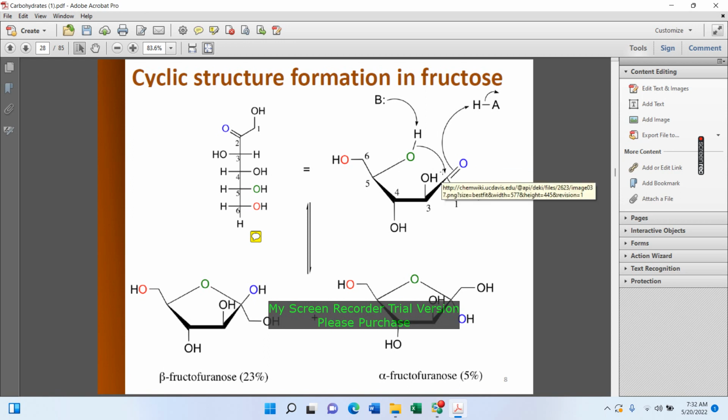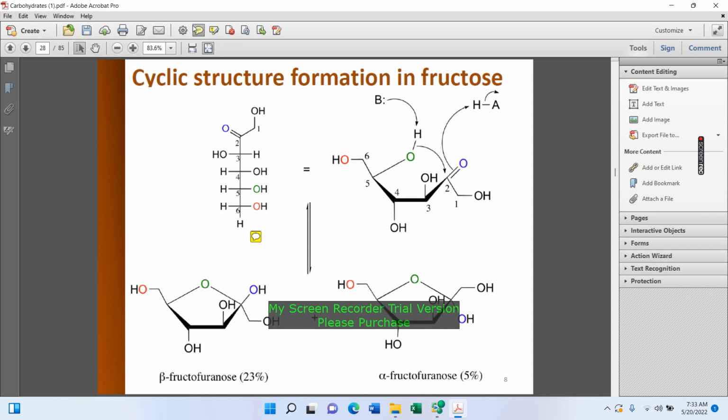So that carbon will then, on this oxygen bond, it will then attack on this hydrogen, and then this A will go away. It will attach on an HA.